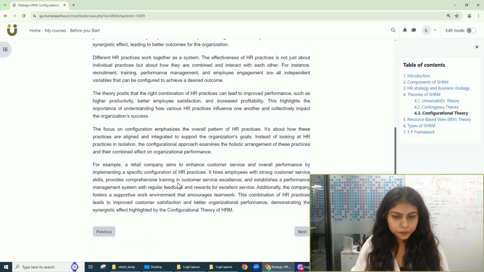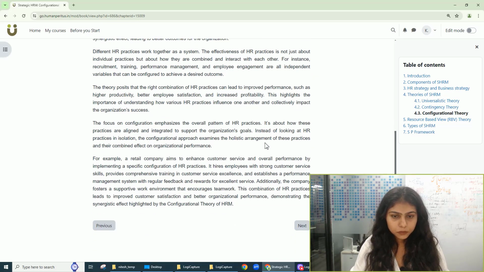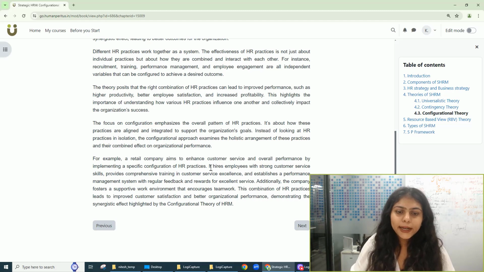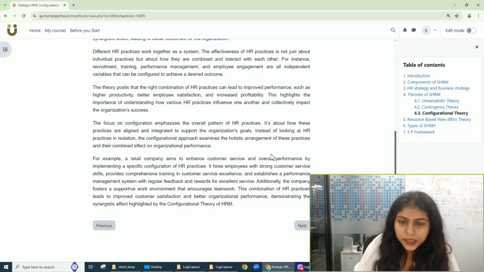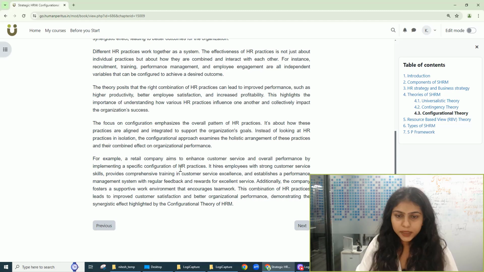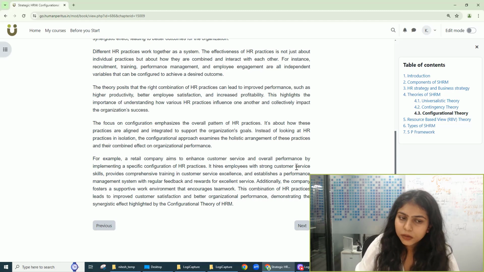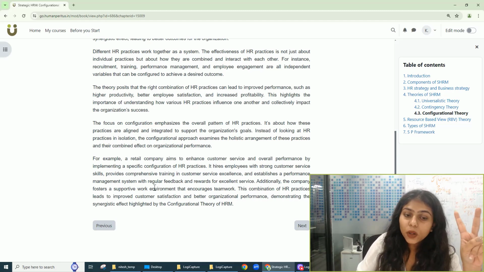Now let's take an example from here only. A retail company, the aim, very important to determine the aim beforehand. So the aim is to enhance the customer service and the overall performance. So what it does, it hires employees with strong customer service skills. It also provides training in customer service excellence.